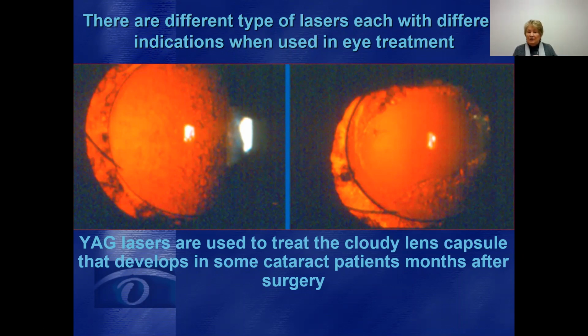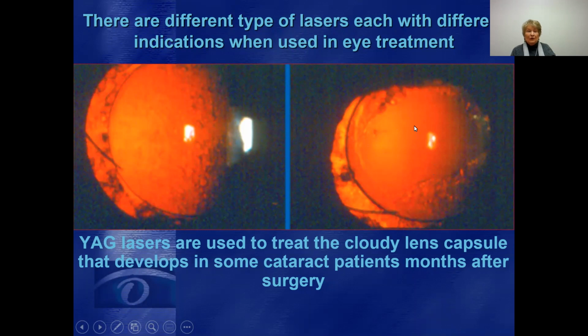The reason that we do that is that's where we will put the lens implant. We call it putting it in the bag. So it's always a place for the lens implant to stay secure and not fall back into the center of the eye.